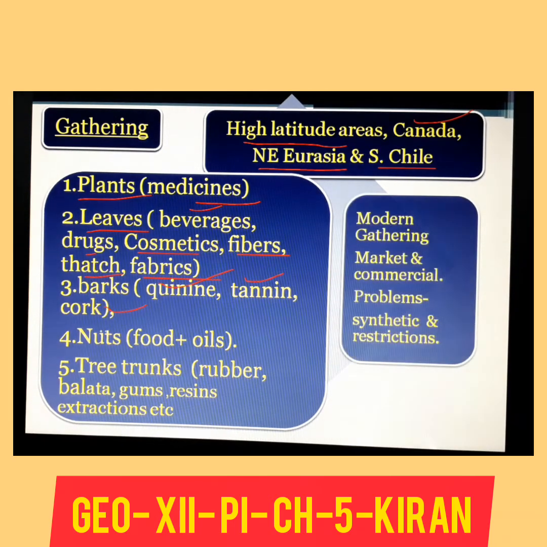Nuts are also collected as food and oils. The tree trunk is also tapped to extract rubber, balata, gums, resins, and other extractions. Students, these are the different forest products which are collected by the gathering economic activity.